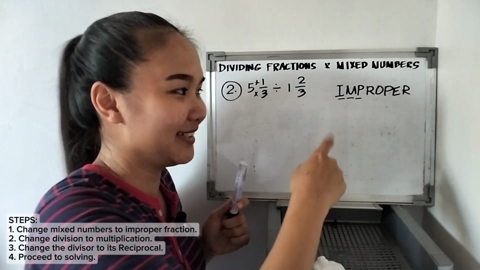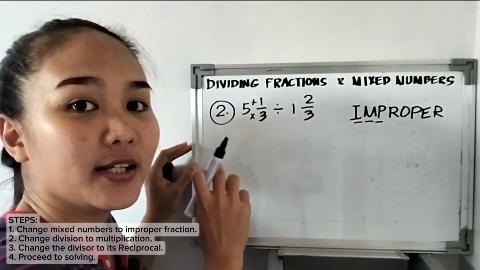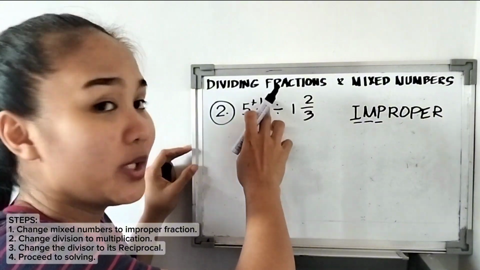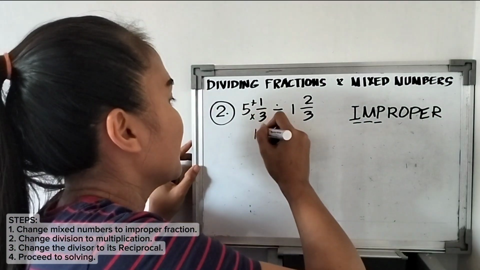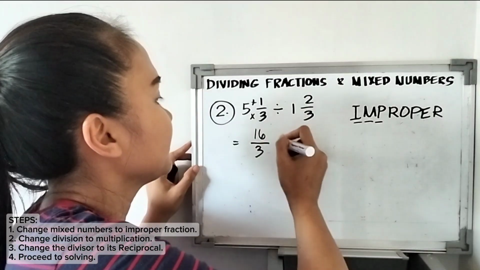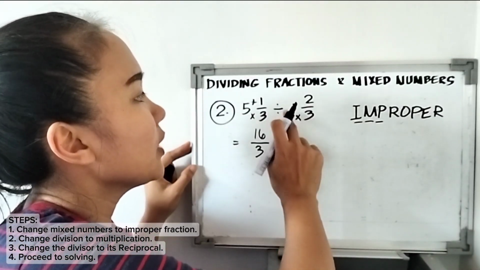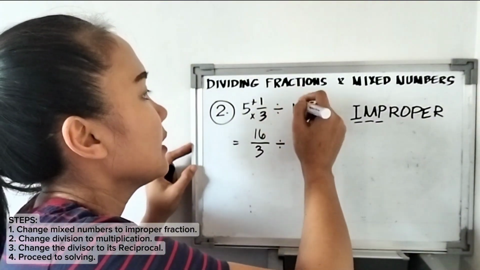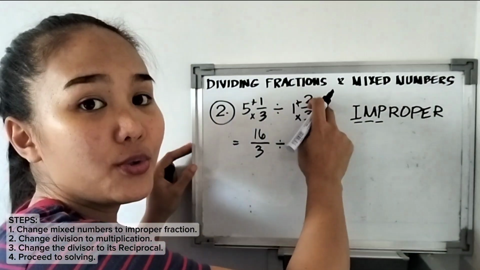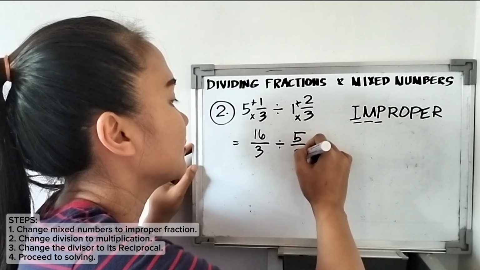That's one tip, and a second tip already. So 5 times 3 is 15. 15 plus 1 equals 16. So 16, copy the denominator, 3. Then 3 times 1 equals 3, and 3 plus 2 equals 5 over 3.